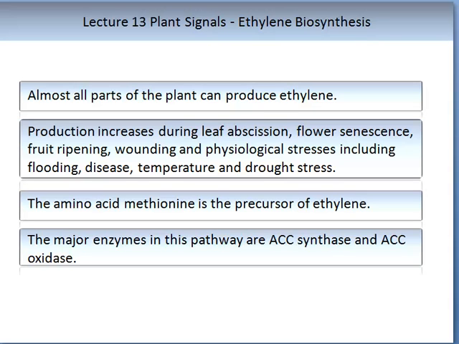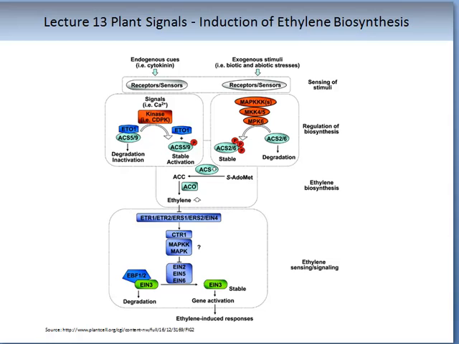The amino acid methionine is the precursor of ethylene. The major enzymes in this pathway are ACC synthase and ACC oxidase. The ethylene biosynthesis starts with induction of ethylene biosynthesis.